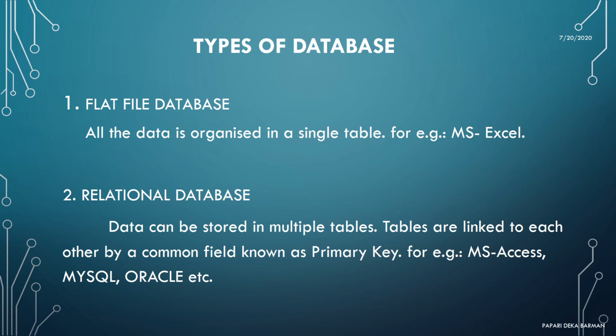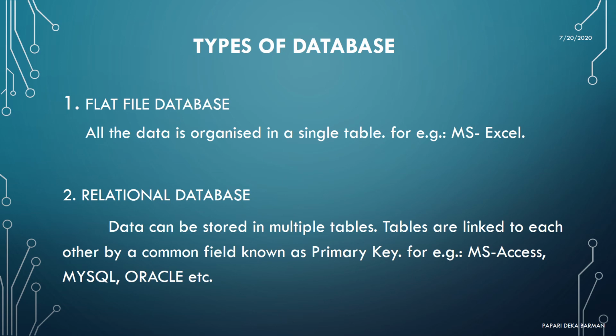Number 2 is relational database. In relational database, we use multiple tables, each table serving a particular purpose. And all the tables we can link by using a common field that is known as primary key.